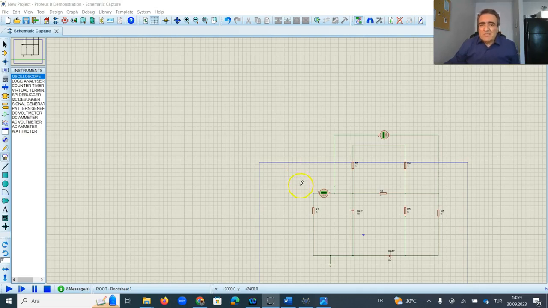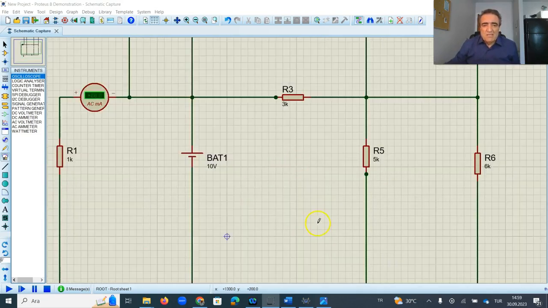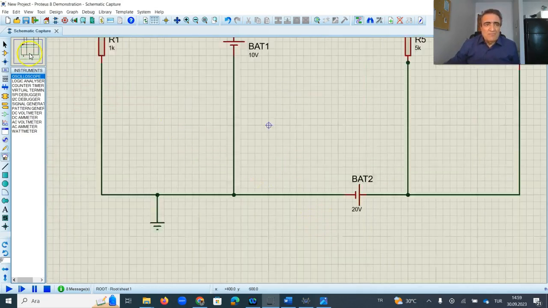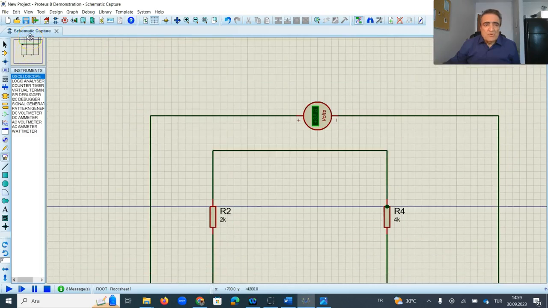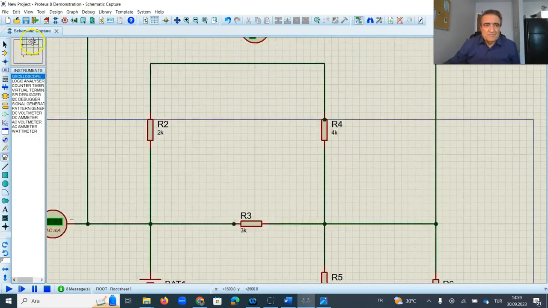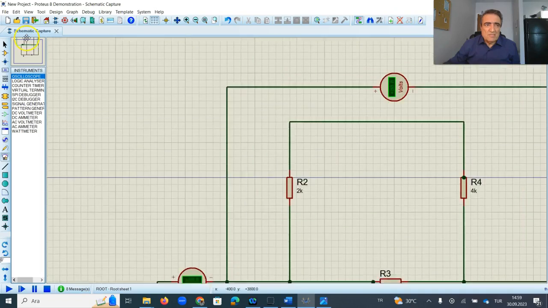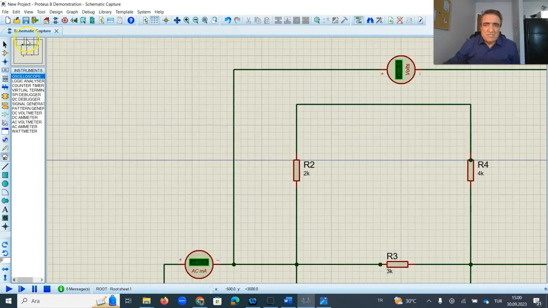If you have questions, please do not hesitate to send an email to me and ask your questions. Okay, these are our instruments, so I can see on the screen, enlarged, and run the simulation, and we are reading the values here.